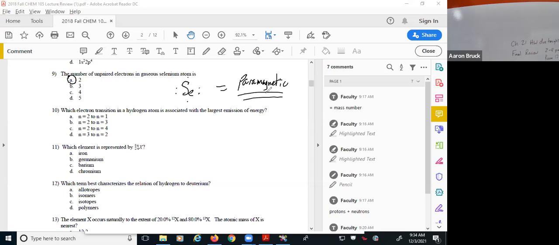Paramagnetism, in simple terms, is a magnetic property of substances related to whether or not they have unpaired electrons in them. It's as simple as that. So if I look at the Lewis structure and I see unpaired electrons in it, I know that I'm dealing with something that's paramagnetic. If it is all paired up, that's a phenomenon known as diamagnetism.